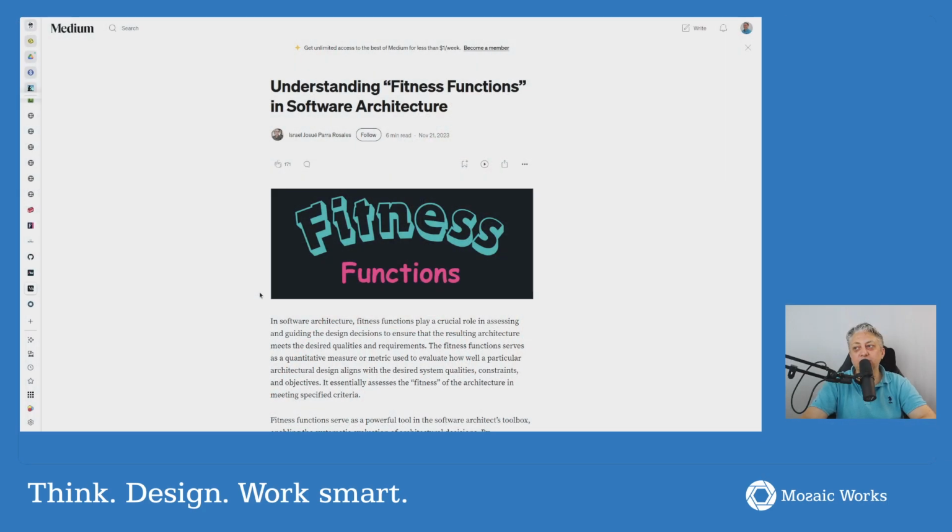Now, evolutionary architecture is quite a difficult topic to understand, and the reason is, at least I think there are two reasons for that. One of them is when you first start as a programmer, you have low level technical problems like how do I write this code in order to make this work and so on.